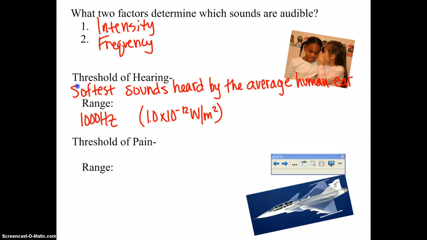The opposite of this is called the threshold of pain. This is the loudest tolerable sounds heard by the average human ear.